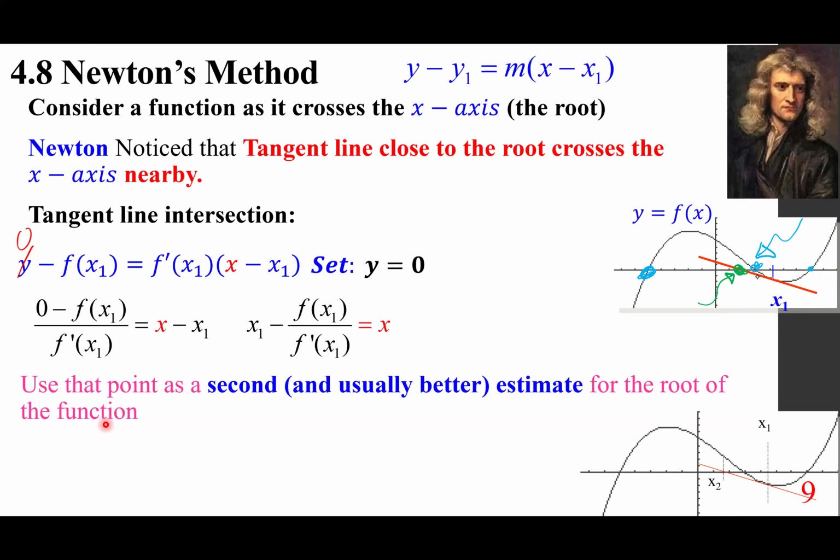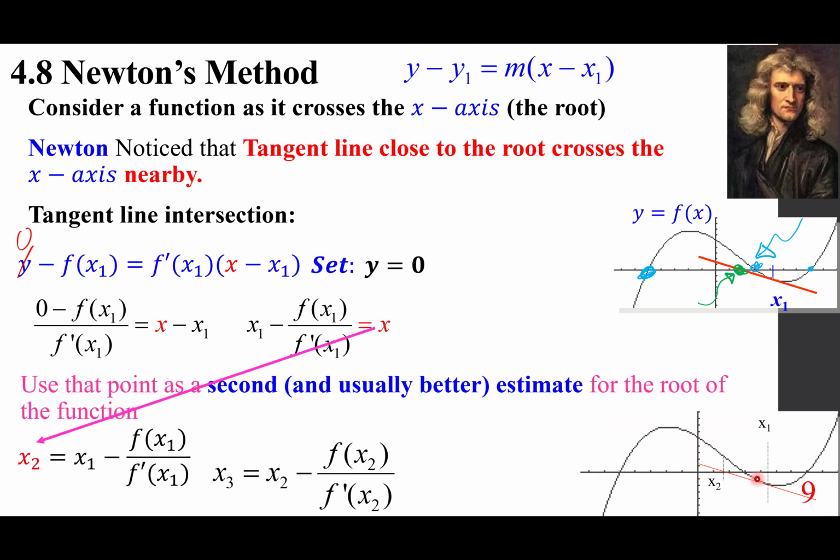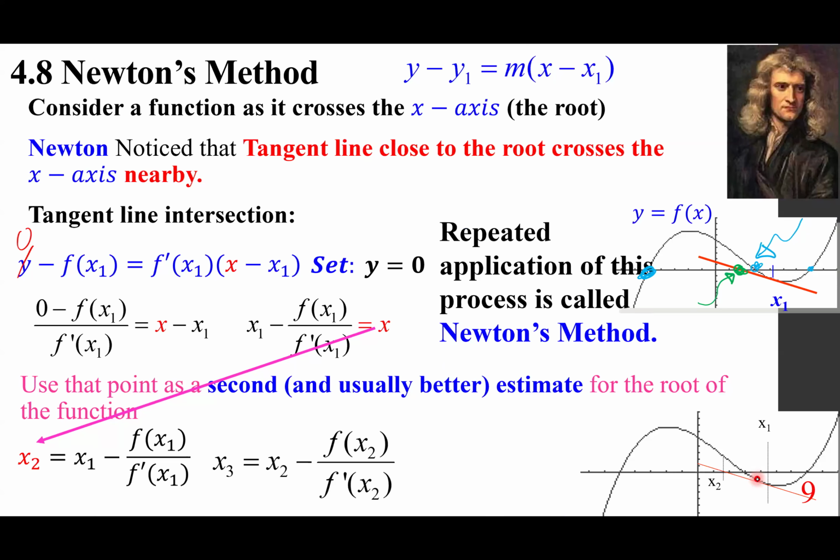Okay. And draw a tangent line then and there. So now x sub 2. At x sub 2, you draw a tangent line. Take a look. If I draw a tangent line here, it's even closer to the actual one. So x sub 2 is x sub 1 minus f of x sub 1 over f prime of x sub 1. x sub 3 would be x sub 2 minus f of x sub 2 over f prime of x sub 2.